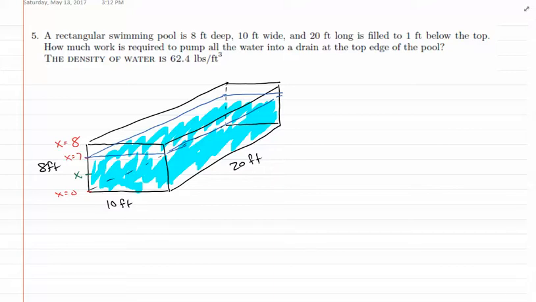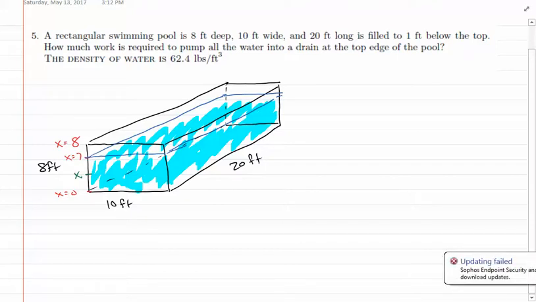And then we're going to think about taking all of the water at a particular x value, a slice of that water all at a particular height. How much work is required to take that amount of water up to the top? So at a particular x value, all the water at that height is going to be a rectangle.